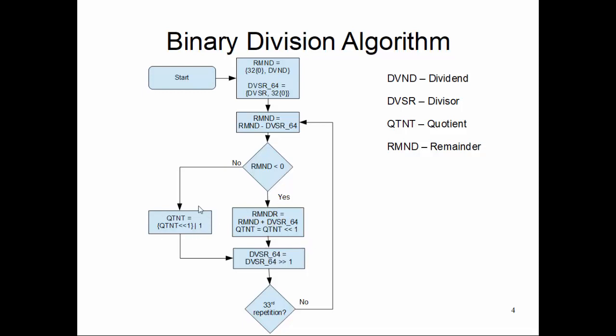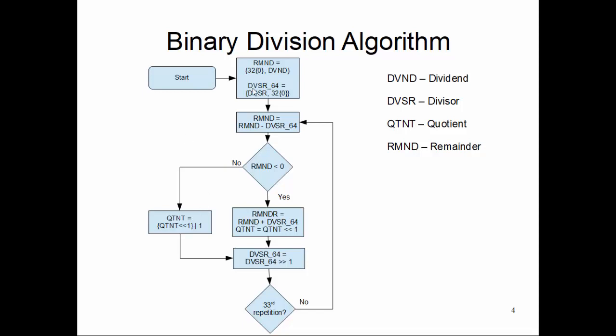And your quotient register will be 32-bit with a left shift capability and selective bit insertion capability at the LSB side. We want to either insert a 0 or a 1 at the LSB position depending on the remainder sign, if it is negative or positive, after we are done with the subtraction of the divisor 64 value from the remainder value.